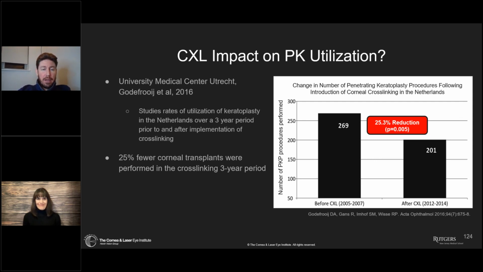If you look at the PK utilization after the initiation of cross-linking as a standard of care in Utrecht, what they found in the Netherlands was initially a 25% decrease. These numbers have actually grown over time, so we see even fewer of these being performed.